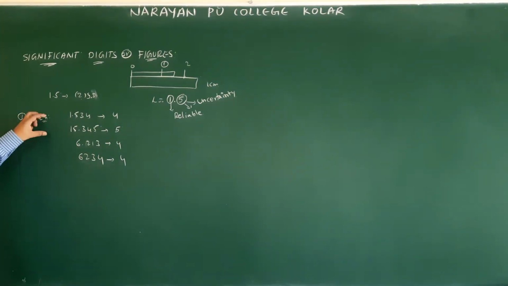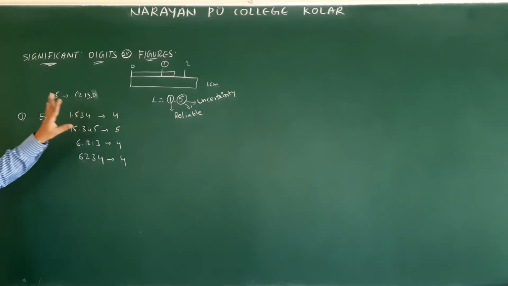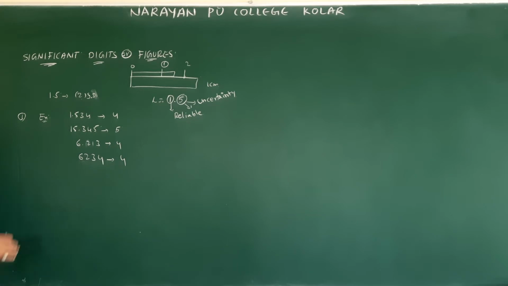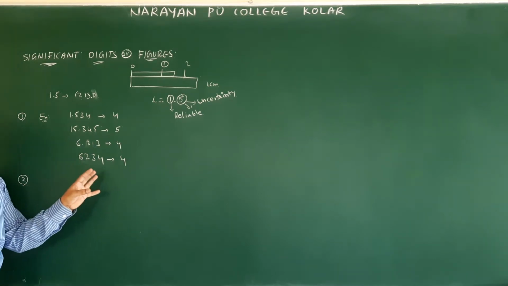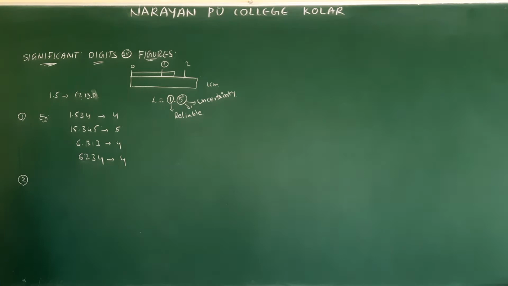Up to now you know only one rule: all the non-zero digits will be coming under significant digits, with no need to worry about the decimal place. Okay, next I said about non-zeros. If zeros are there, how will the significant digits be counted? So all the zeros.